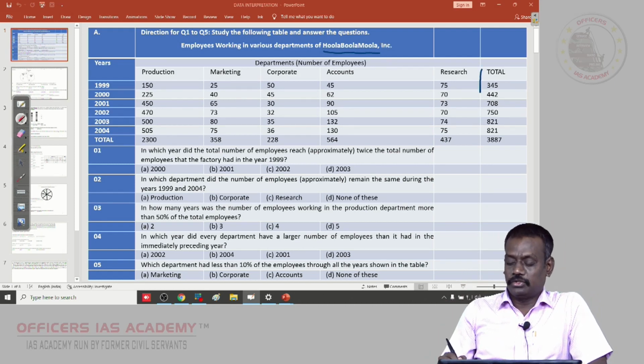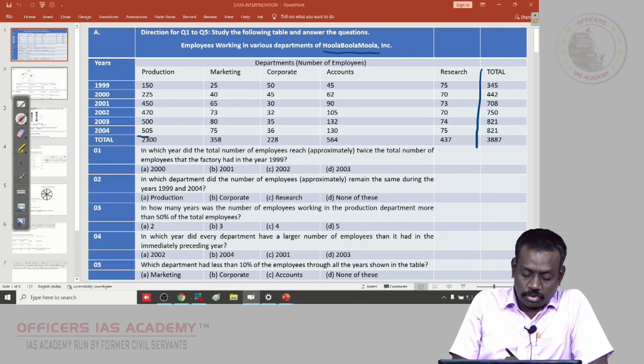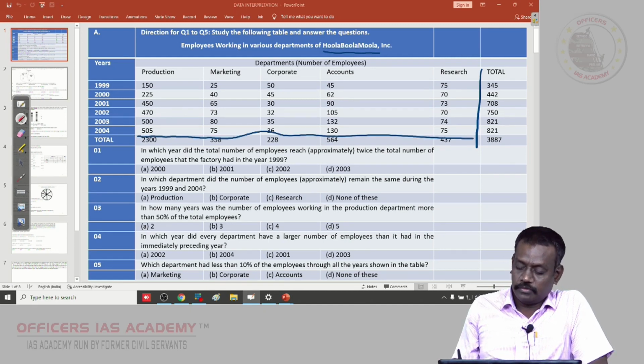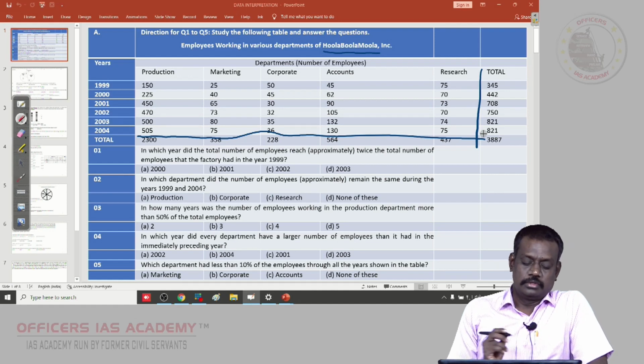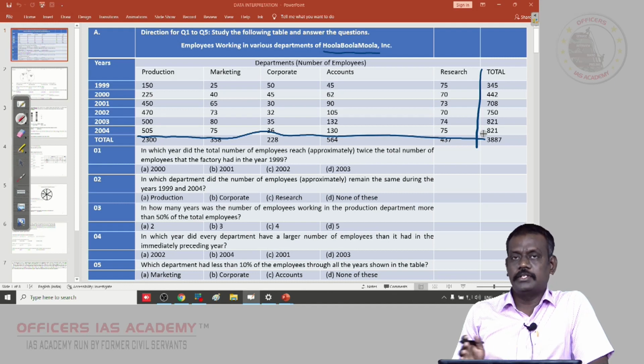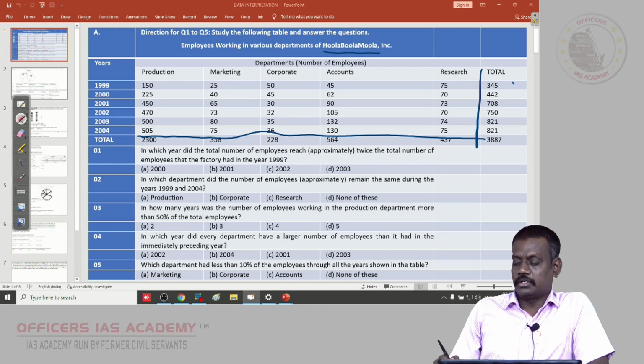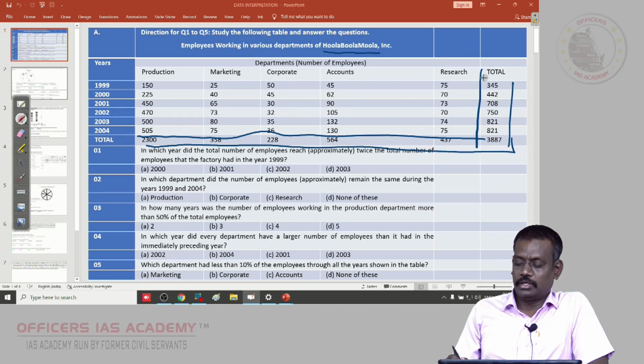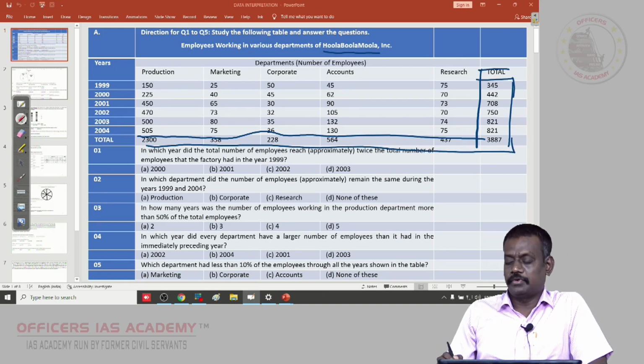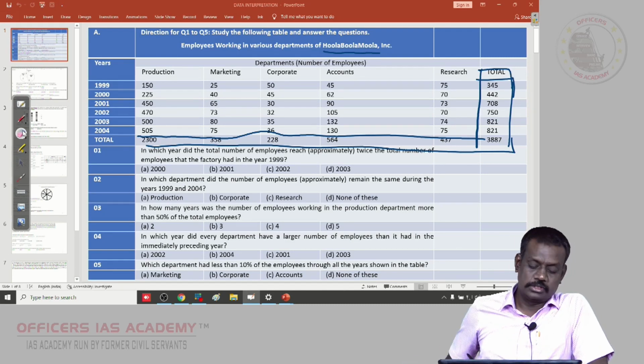And at the end, as I told you, you have to find the total number of people working in every department in every year as well as in every department. Okay, so I mean row wise as well as column wise. So this will not be given in your examination directly. Okay, you have to find this out.